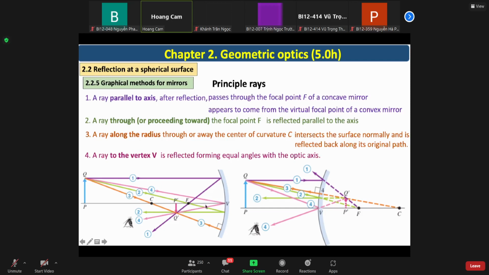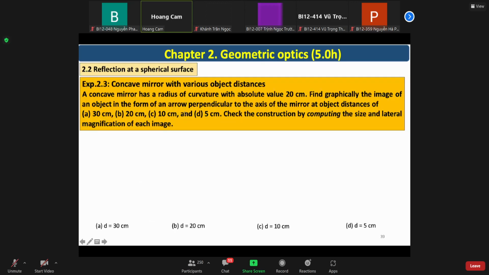So this angle will be the same for these two, and the optic axis acts as the normal in this case. So that's how you can find the image, or draw the reflected rays when the light rays strike the spherical surface for the two cases, concave and convex mirrors. So for that, we have one example here.